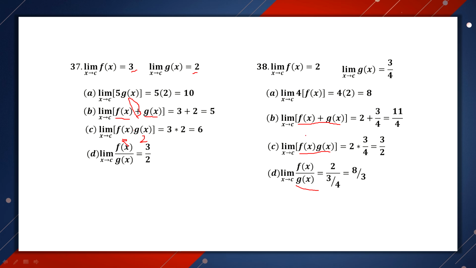So we just substitute c into f(x) and g(x), and like here we get 2, and here we get 3 over 4, and we add them together, and here we multiply them together, and here we divide them, and we get the result.